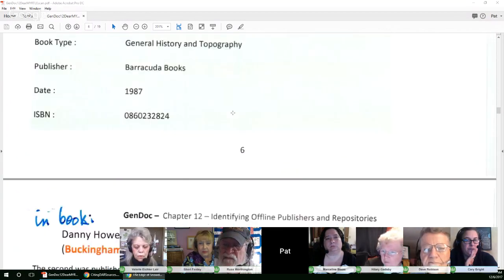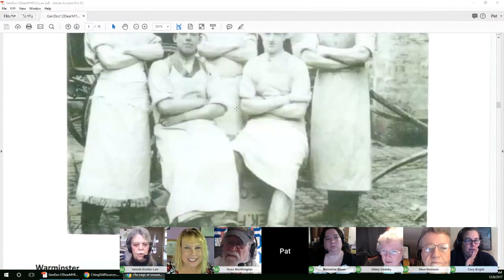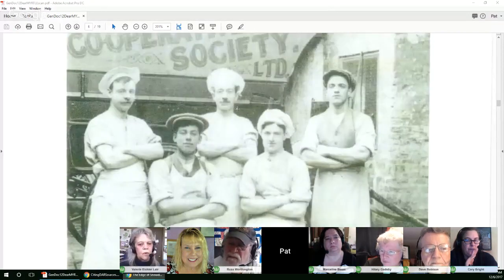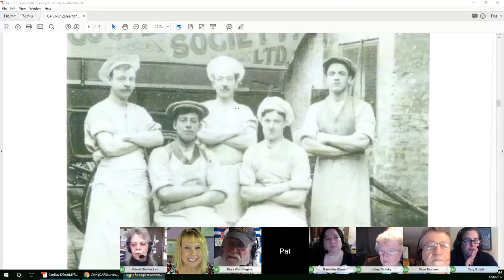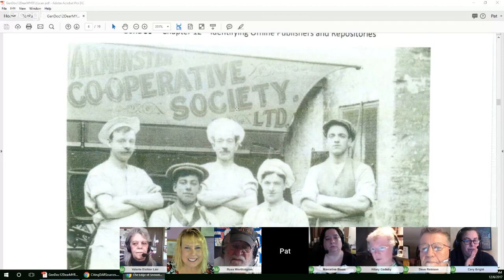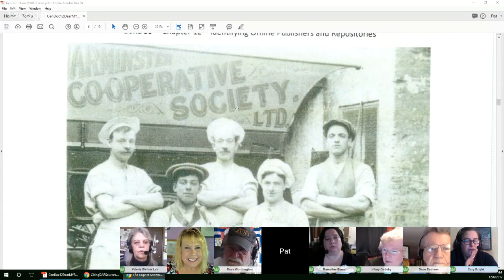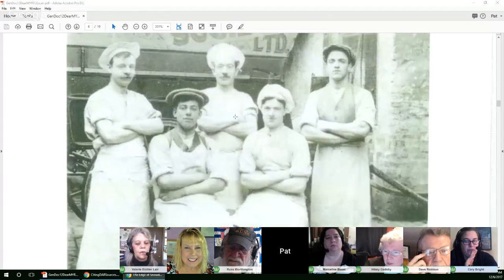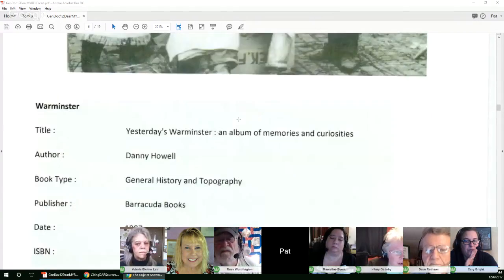He interviewed somebody with first-hand knowledge of who he was sitting next to as they stood there for this portrait. And he says who the staff were, such and such. He described a bit about what they did as well. Were they bakers? Nice. They were bakers. They worked for the co-op, in the bakehouse of the co-op, and they used to go out and deliver the bread and everything as well.